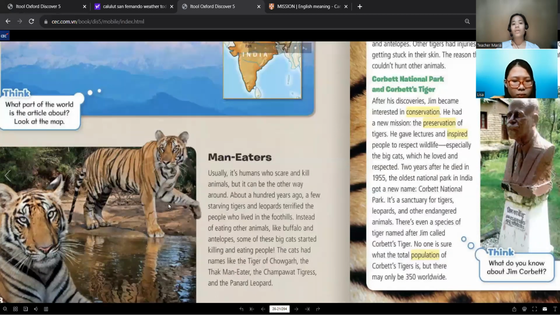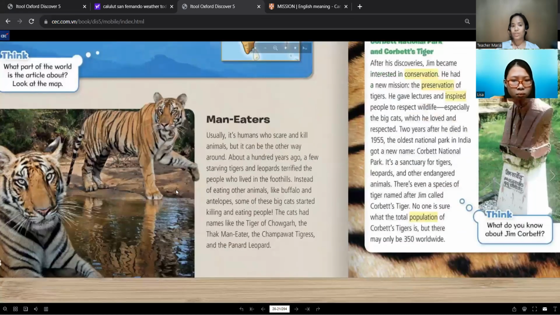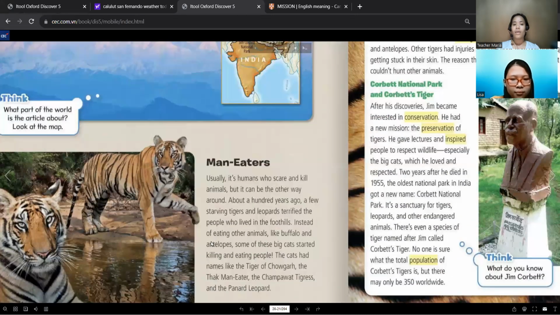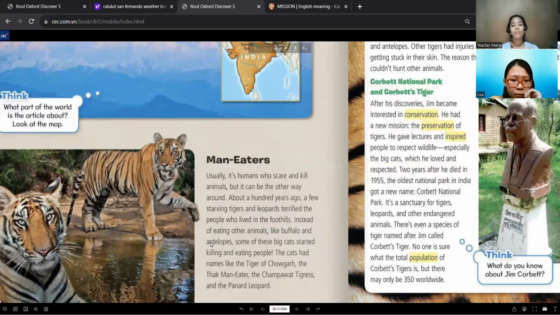Okay, now here in the man-eaters, can you name some cats? They call them cats, but they put a name on it. Can you name some names of the tigers?